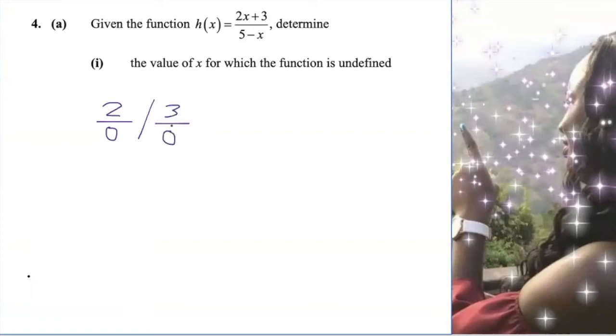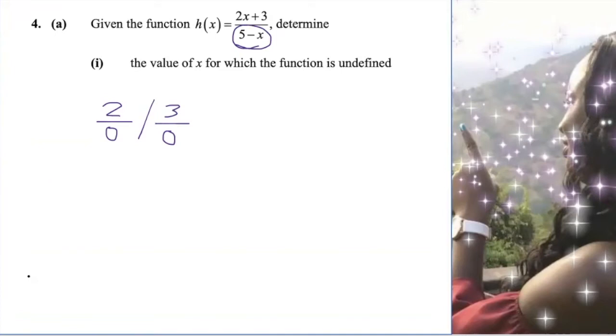So division by 0 is not possible. What are we asking? When is it that the denominator will give me 0? Because once I have 0 in the denominator, then it will be undefined.